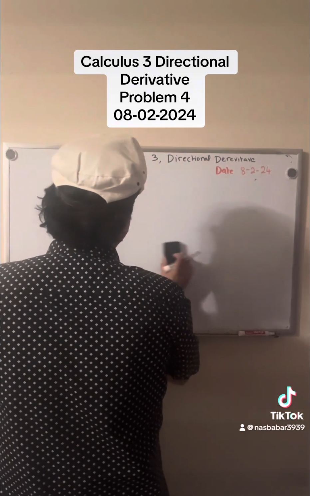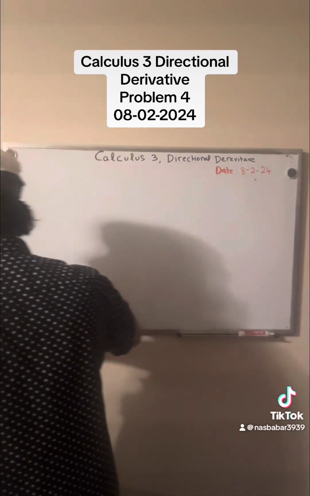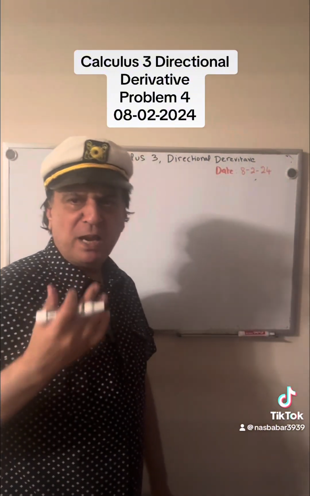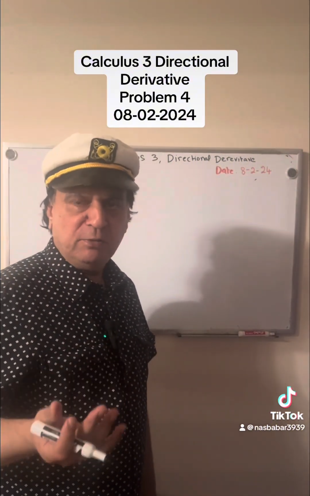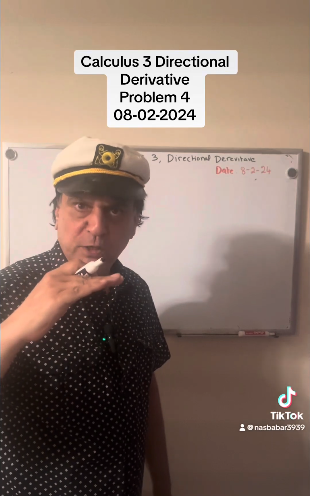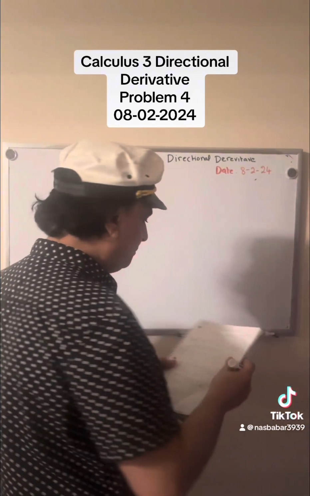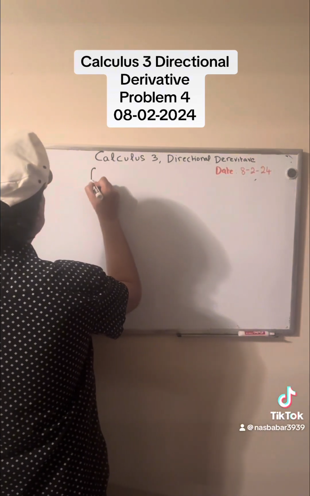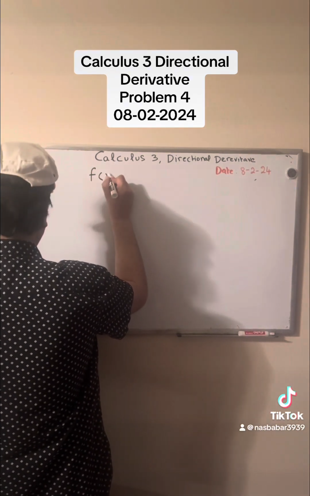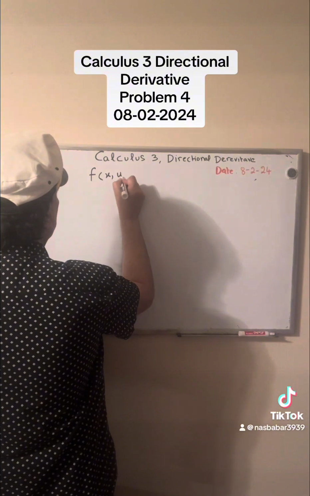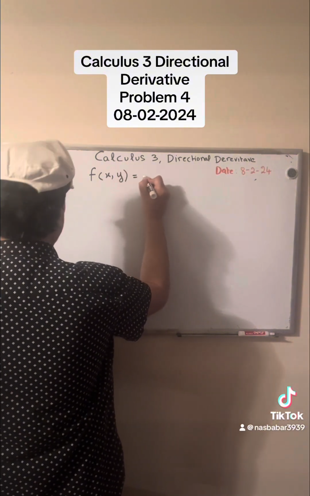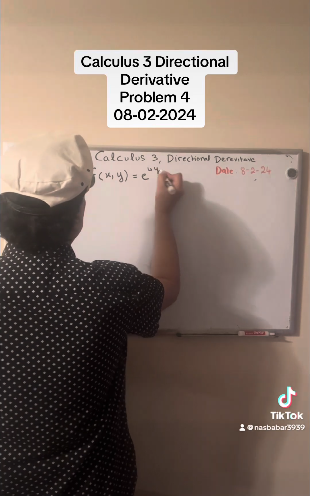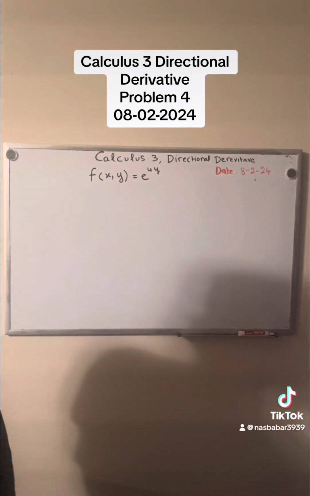Okay, well, let's solve a problem. And if you do need a refresher, you can go into my collections and you can find a lesson on directional derivative under the Calculus 3 folder. You will see some. But anyway, the problem we have is the function of x, y is equal to e^(4y). Now, have you noticed something in this function?